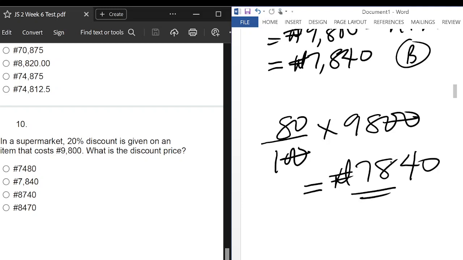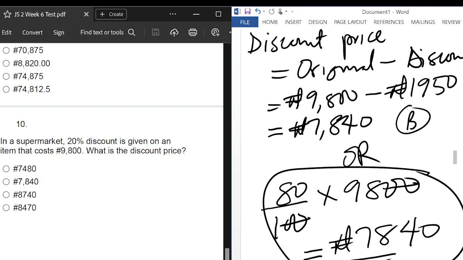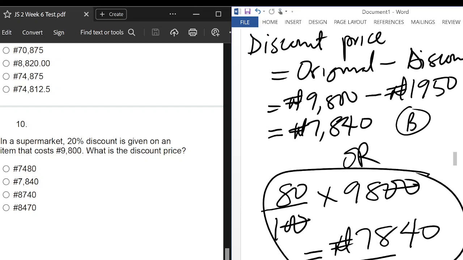If you are solving objective questions, I would prefer you use this second method. Instead of finding the discount and subtracting it, you just subtract 20% from 100%, which gives 80%. Because the customer has been given 20%, 80% is what the customer is paying. That's why this one is very straightforward.